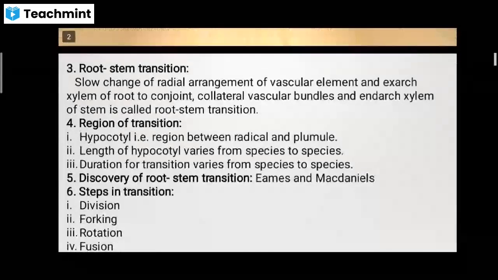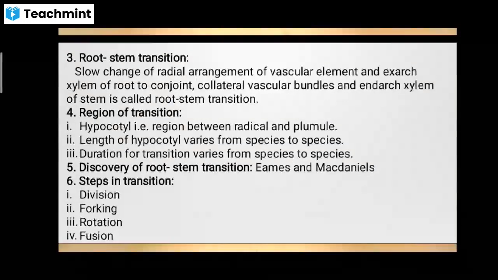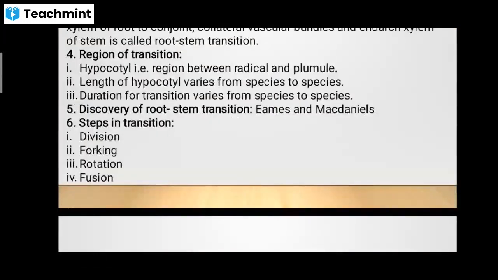First of all, the scientists Emmons and McDaniels discovered the root stem transition and worked on that transition point. So what are the steps included under the root stem transition? In that transition, there are four main stages. The first stage is division, the second is forking, the third is rotation, and the fourth is fusion.